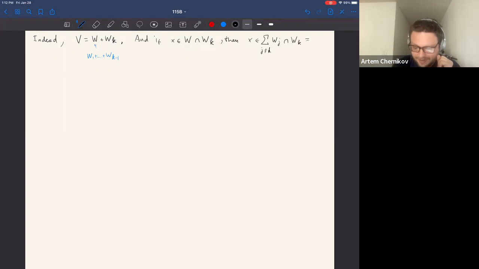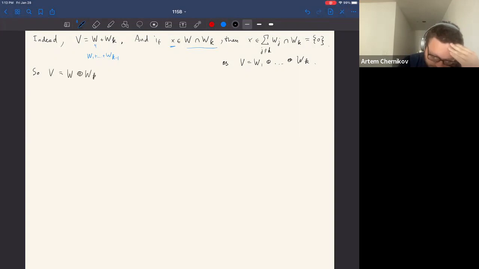But this has to be the zero vector space because we know by assumption that V is the direct sum of W1 through Wk. So it follows that any intersection like this must be trivial, and so we conclude that this X has to be zero, so this intersection is trivial as well. So we conclude that V is the direct sum of W and Wk.